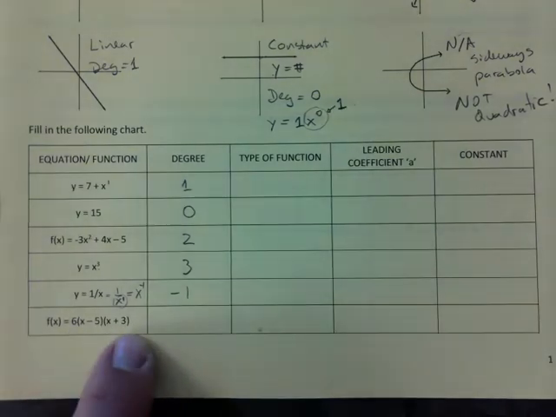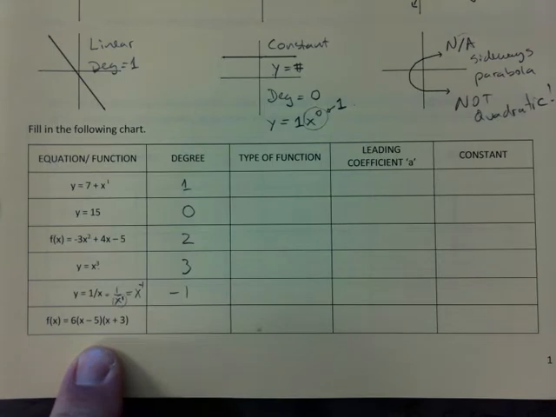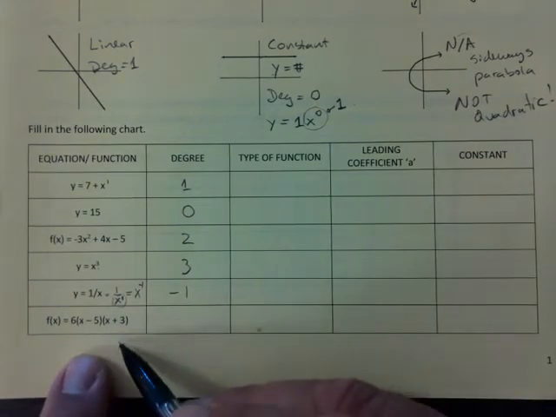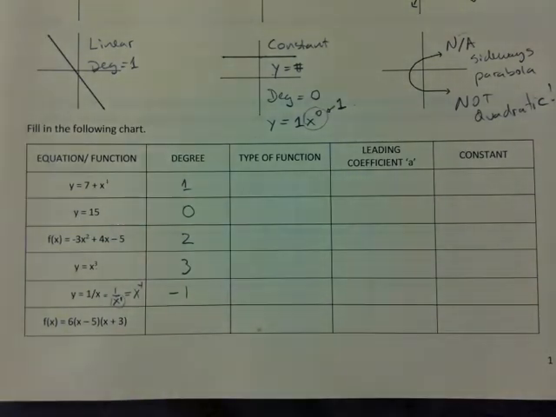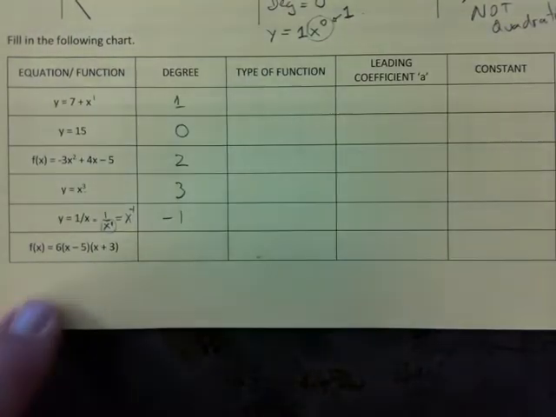What about this? What do you think happens? I know you've seen this. If you distribute that, what are you for sure going to have as part of your distributed outcome? Don't you remember? It's going to be an x squared in there. Watch. This you need to know, right?